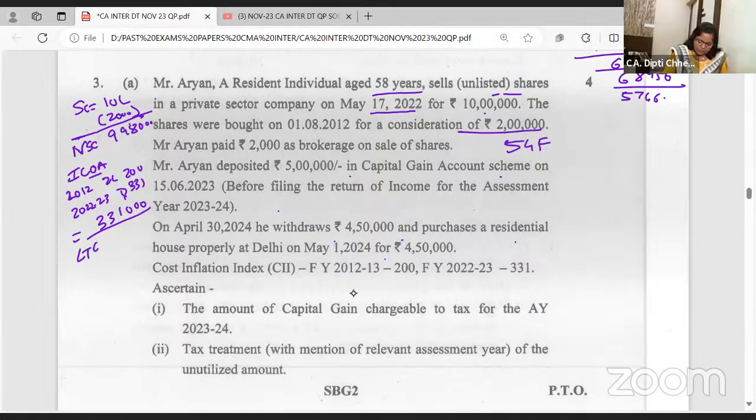So your long-term capital gain is coming to 6,67,000. Now, 54F is the only deduction which is like cross multiplication. What is your net sale consideration? 9,98,000. And what is your long-term capital gain? 667.